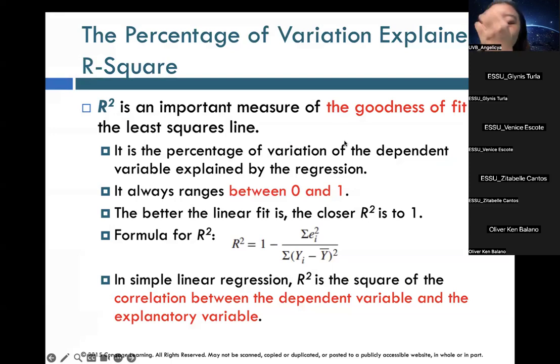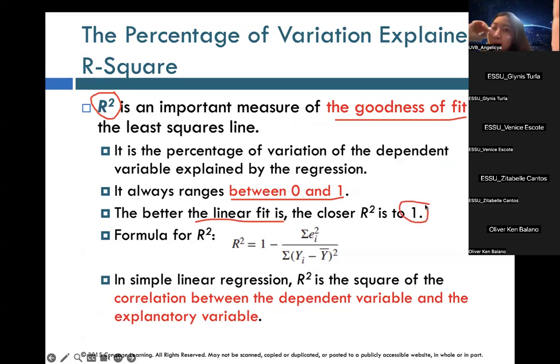To compare the goodness of fit of your data, or how good the predictions of your analysis are, we use R square. R square measures the goodness of fit of models. It ranges between 0 and 1, and the closer to 1, the better the linear fit.